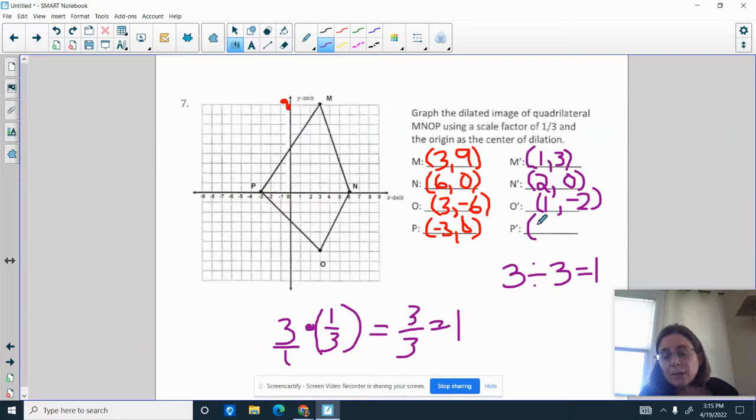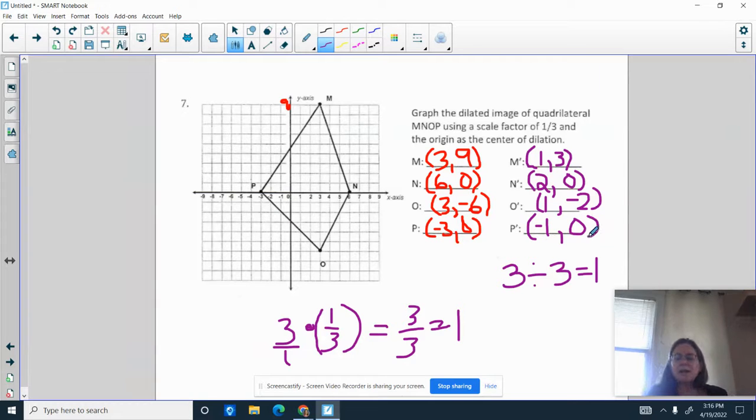Now, -3 divided by 3 is -1. You've got to be careful of your signs here. You've got to know your positives and negatives. And that's a funny looking 0, but that's going to be 0.